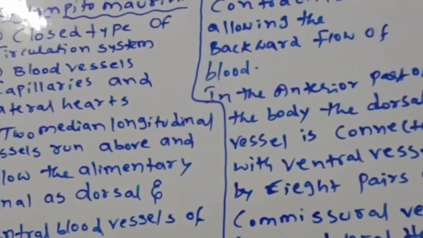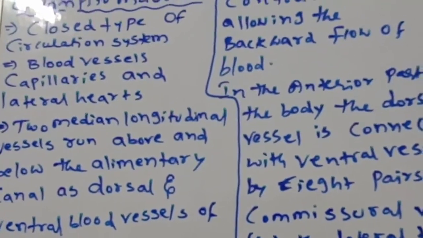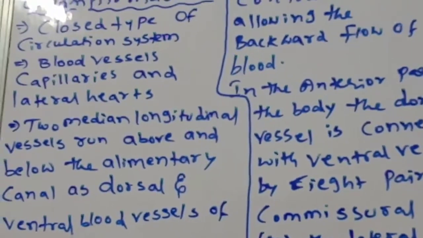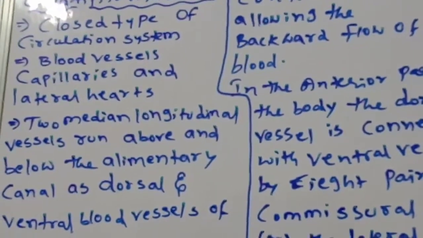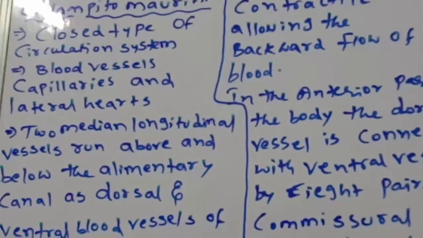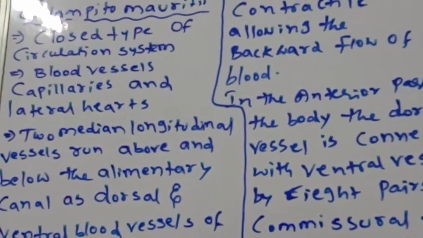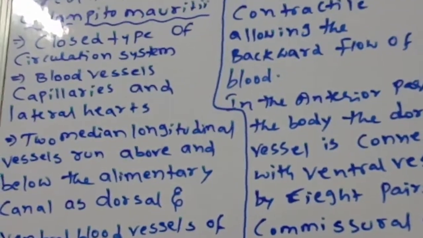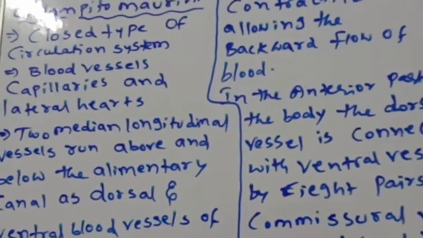Why? Here blood vessels are there, blood capillaries are there, heart also is there, and hemoglobin is there, but not in RBC, it is in a dissolved state in the plasma. Here the dorsal blood vessel acts as a vein, and the ventral blood vessel acts as an artery.